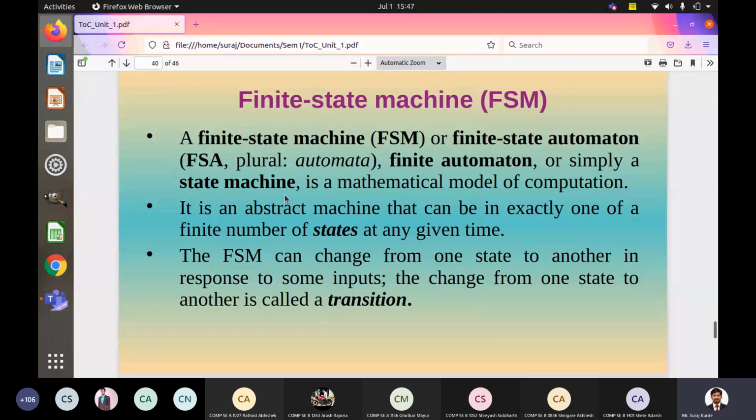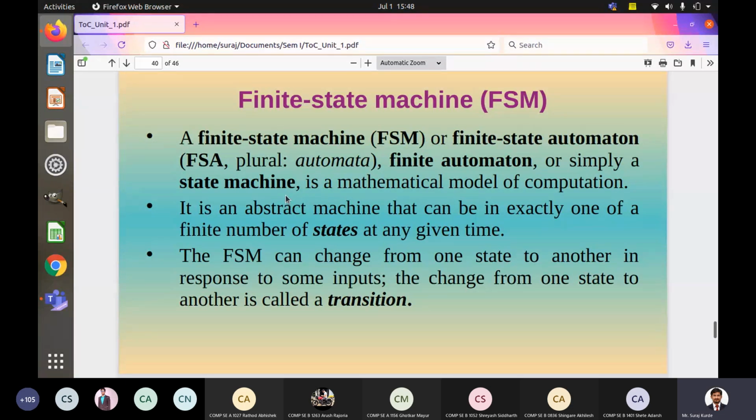Similar to finite automata, we have FSM, finite state machine, also called a finite state automaton. So what is it? A finite automaton or finite state machine or finite state automata or simply a state machine is a mathematical model of computation. It is an abstract machine that can be in exactly one state at a time.